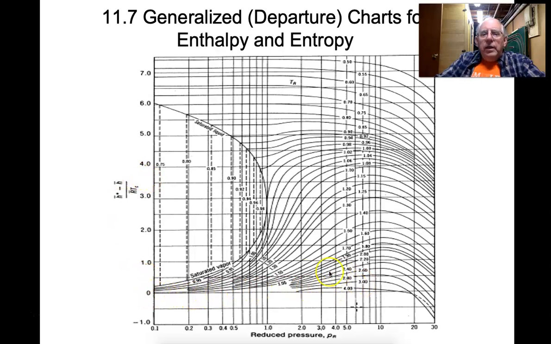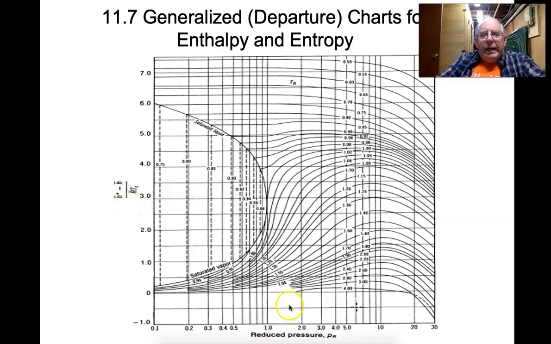And so only for these cases over here where we have reduced pressures, and so if we were in the superheated region for a gas below the critical pressure, and if our temperatures were such, we would be in this region here where we would say that the ideal gas behavior is appropriate.